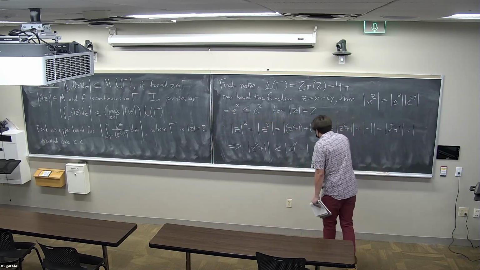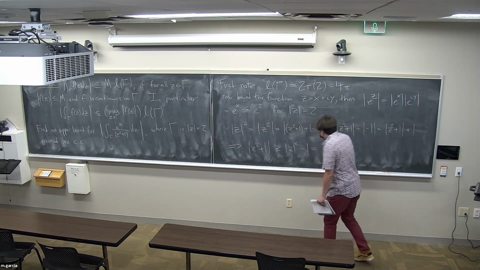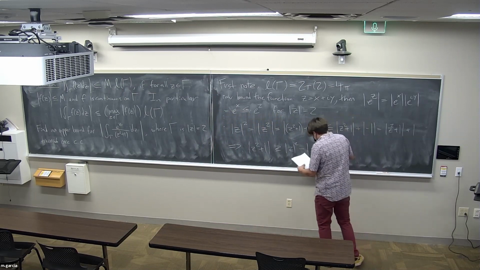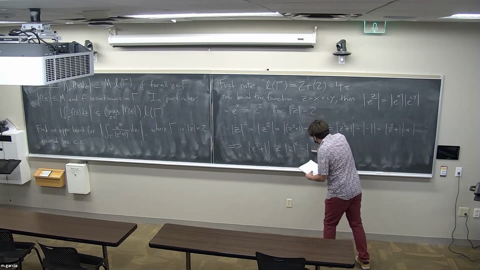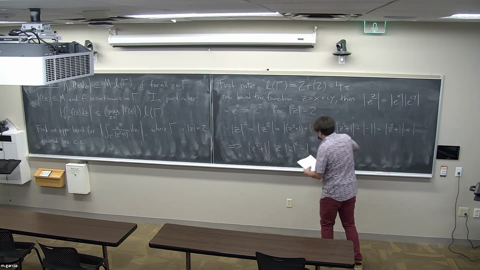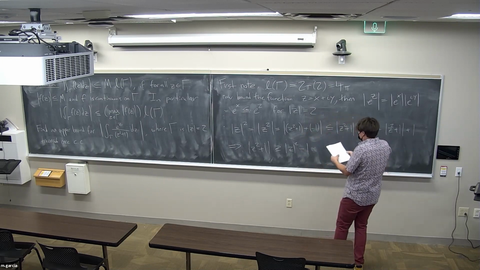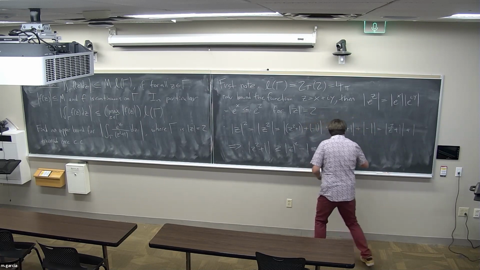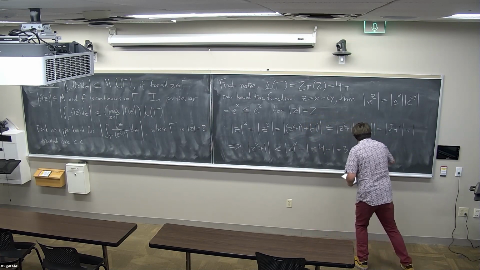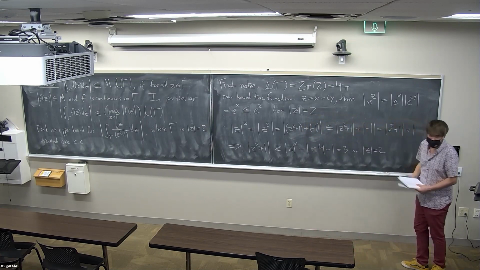Okay? The maximum value that this can attain. Oh, no, I'm sorry. This is equal to 4 minus 1, or 3, on the modulus of z equal to 2, right?